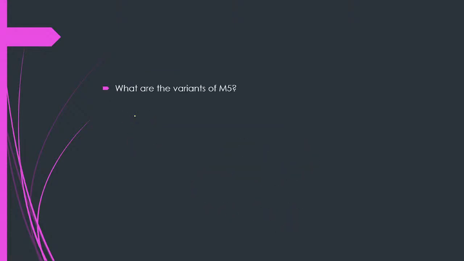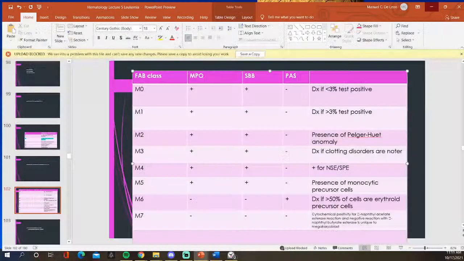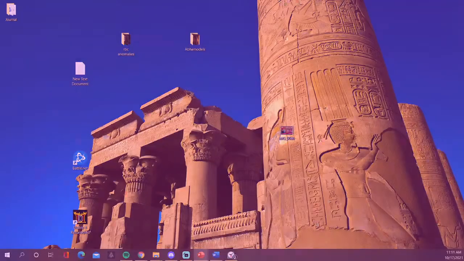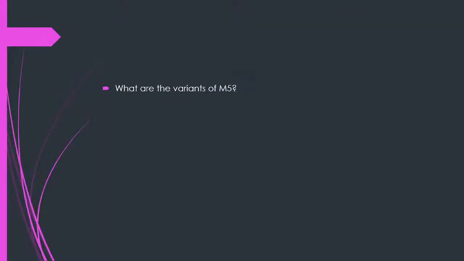Okay? Variants of M5. We have M5A and M5B, and it's easy for you guys to remember this one because M5A is just the opposite of M5B. It's just a matter of the presence of precursor cells.